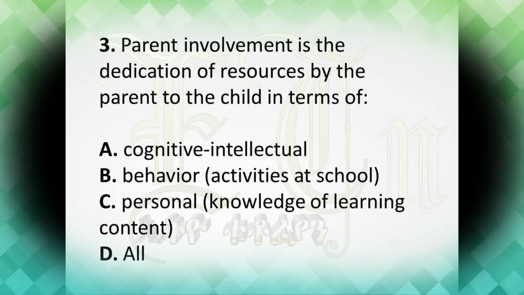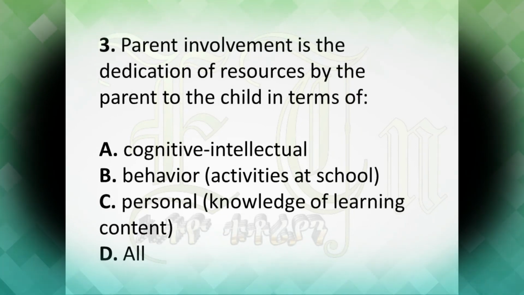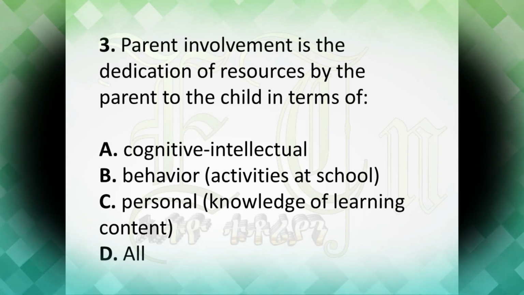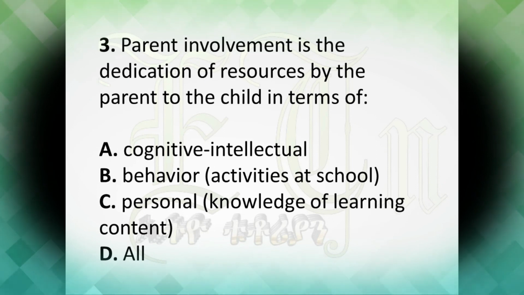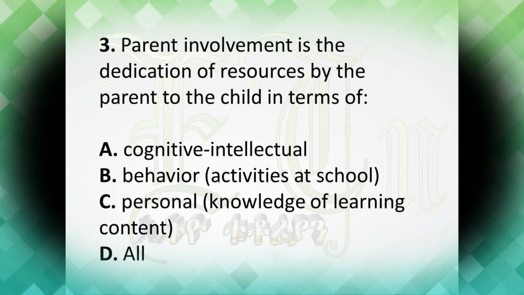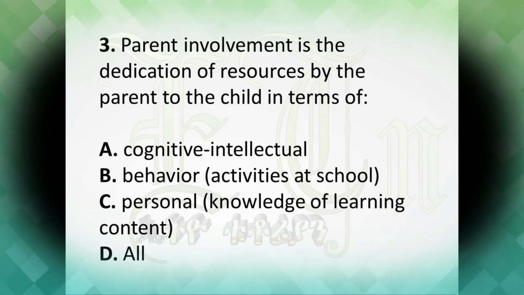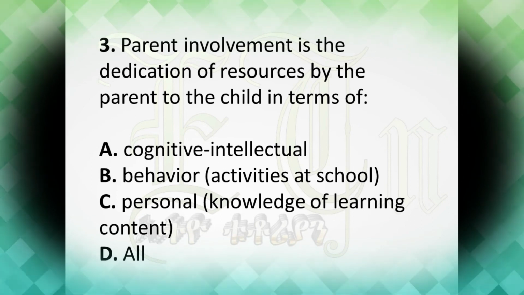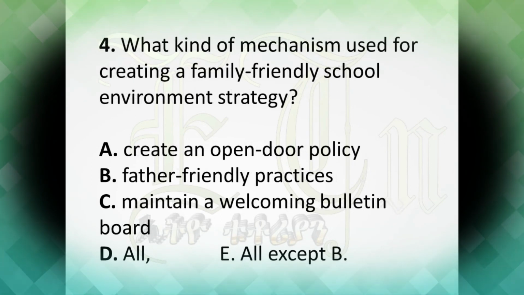3. Parent involvement is the dedication of resources by the parent to the child in terms of: A. Cognitive intellectual, B. Behavior, activities at school, C. Personal knowledge of learning content, D. All. 4. What kind of mechanism is used for creating a family-friendly school environment strategy?